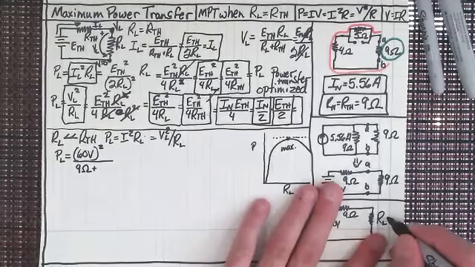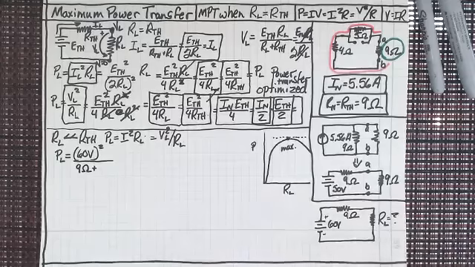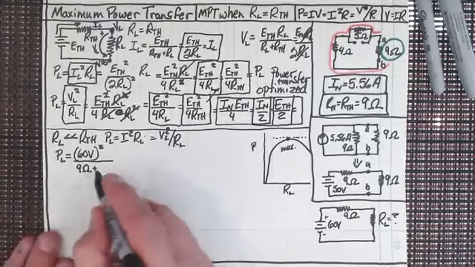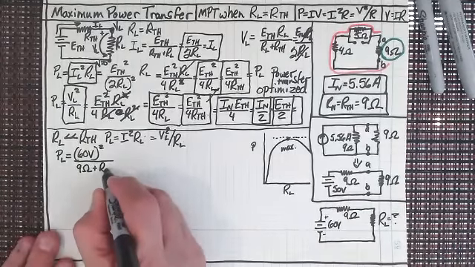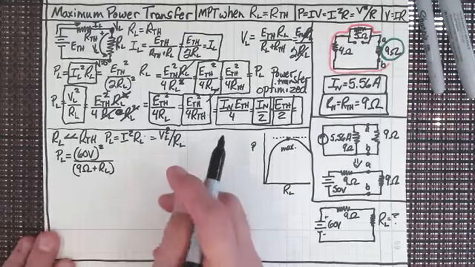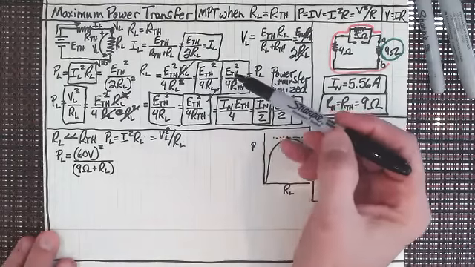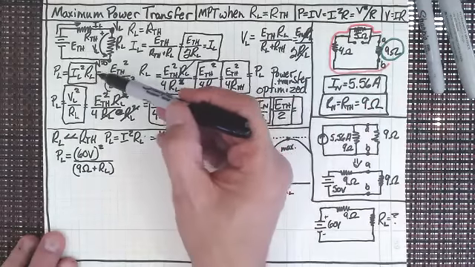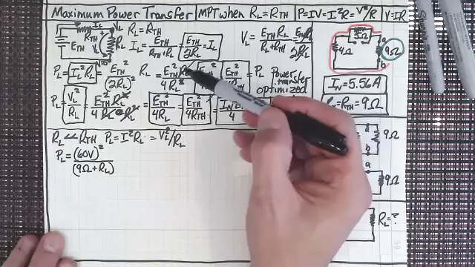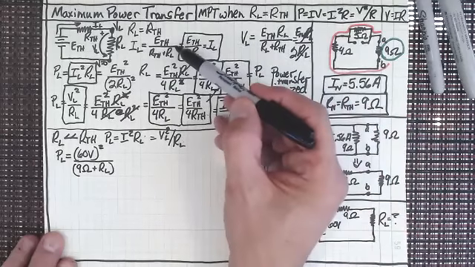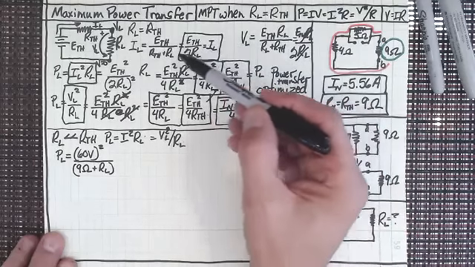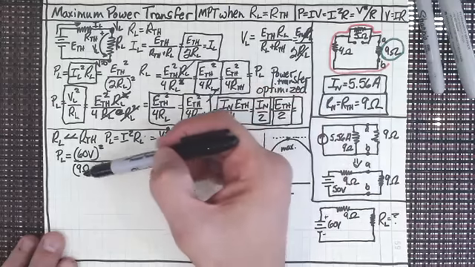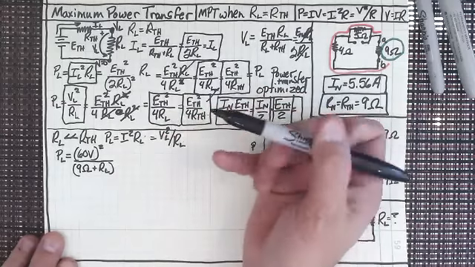R sub L for the optimal is what? We don't know. So we're saying it's 9 ohms plus R sub L. We're still looking at the equation like we would get it, where I sub L is right there. I'm still using R sub TH plus R sub L in the denominator.